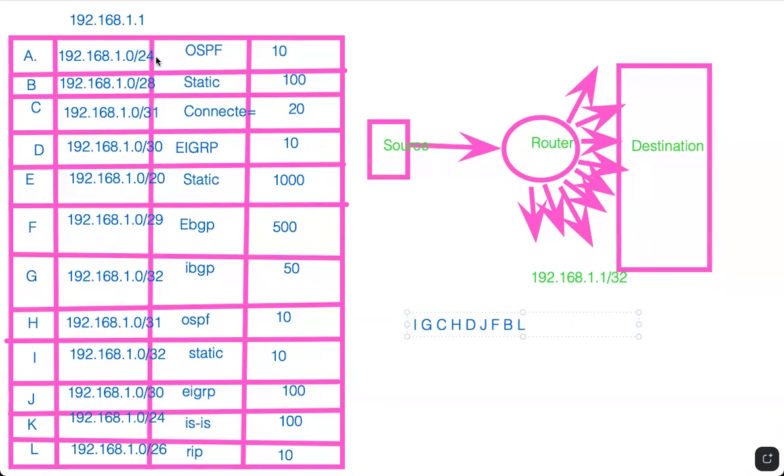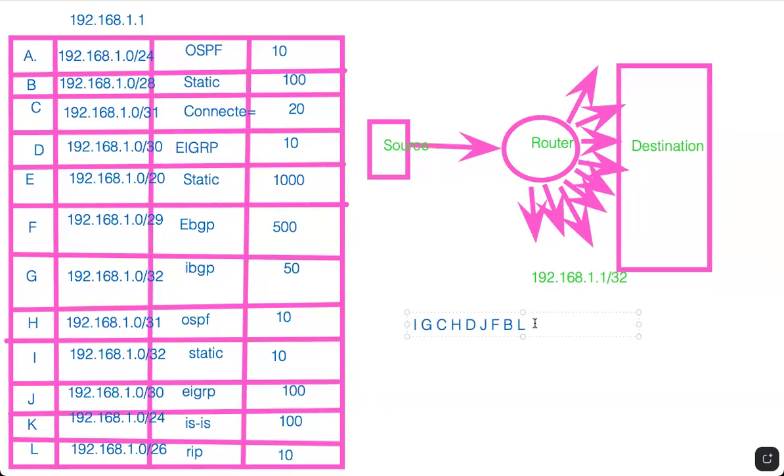So let's see. We have two /24s. One is OSPF, another one is ISIS. OSPF value is 110, ISIS is 115.